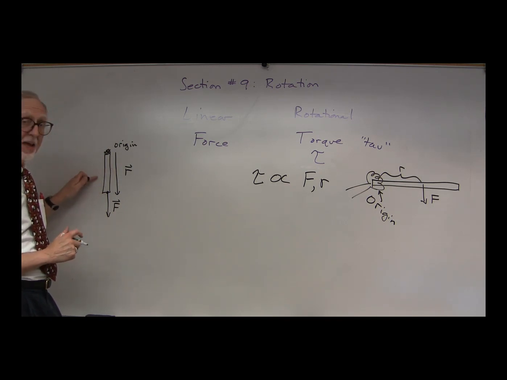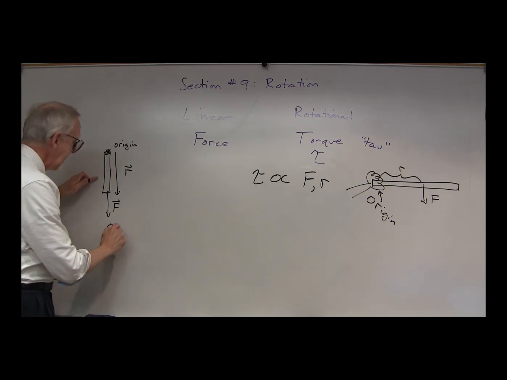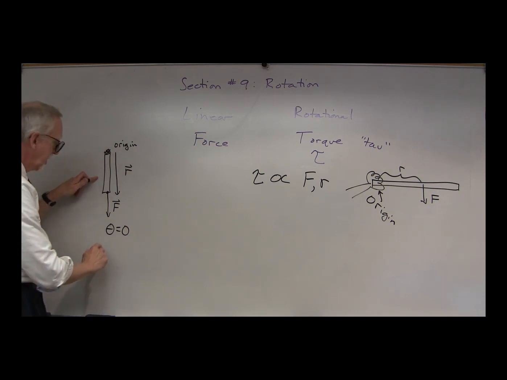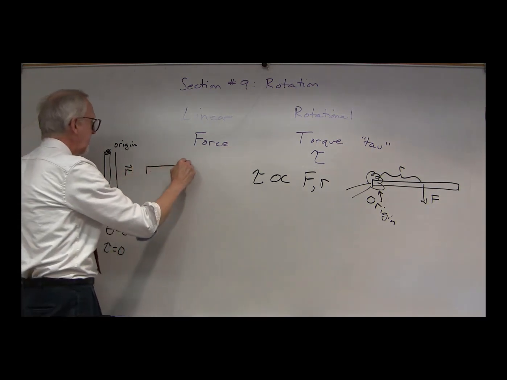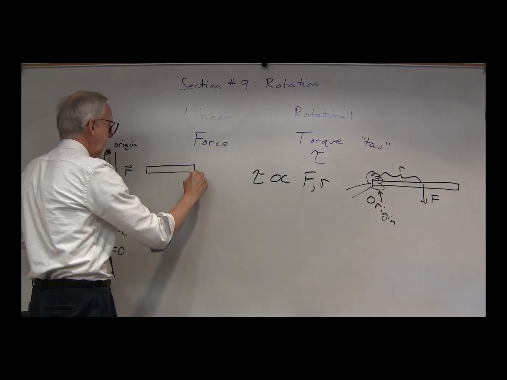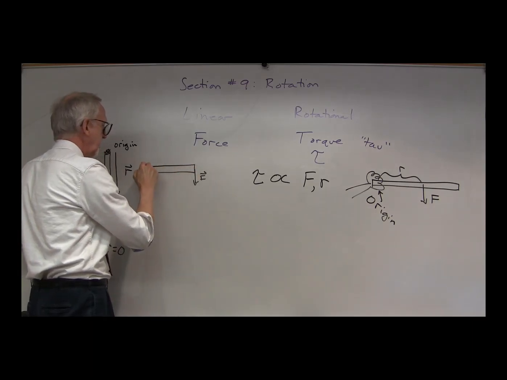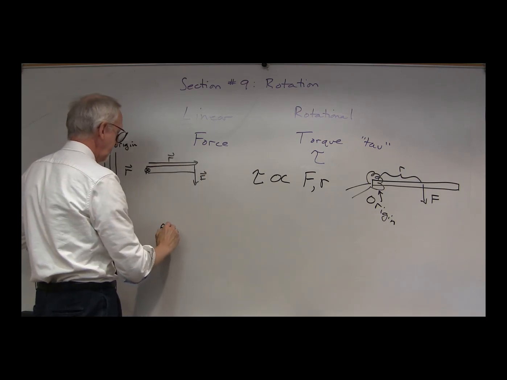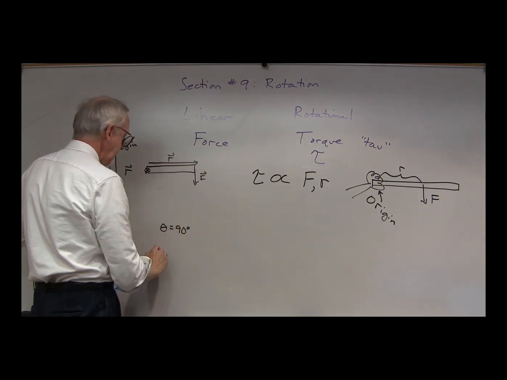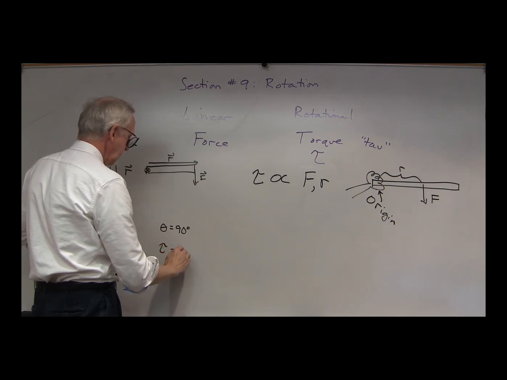When they are in the same direction, in other words, when the angle between them is 0, we get 0 torque. When the angle between them is, what's that, 90 degrees, we get a lot of torque. We get a big torque.